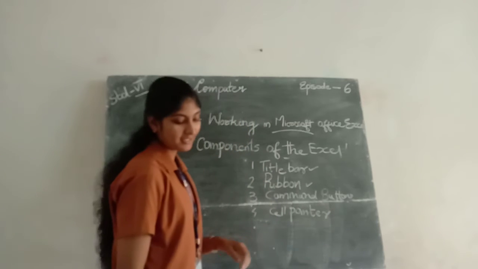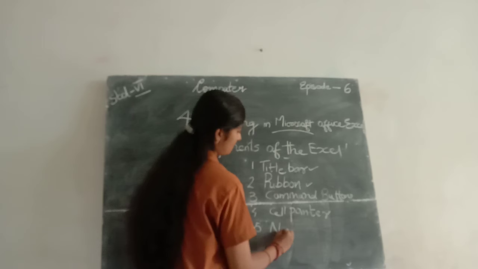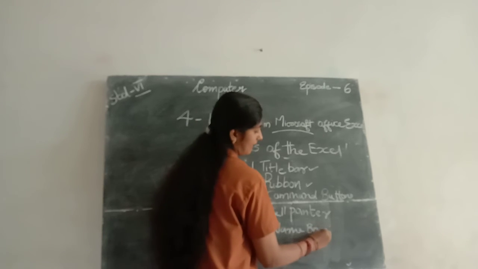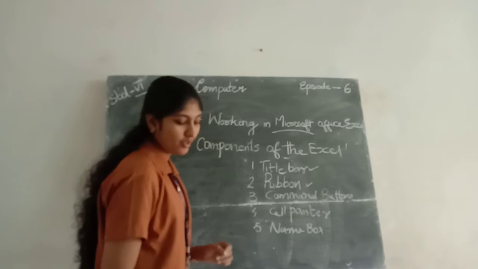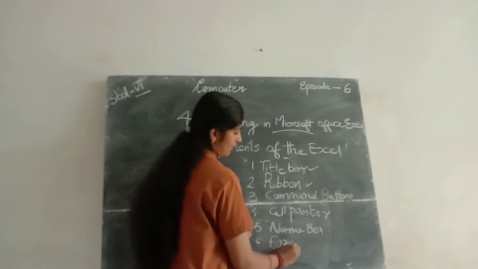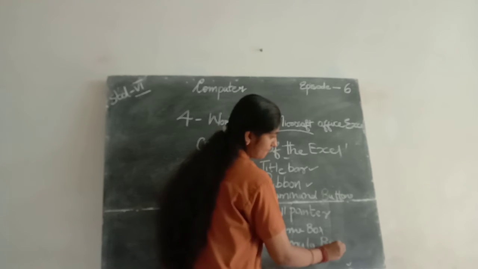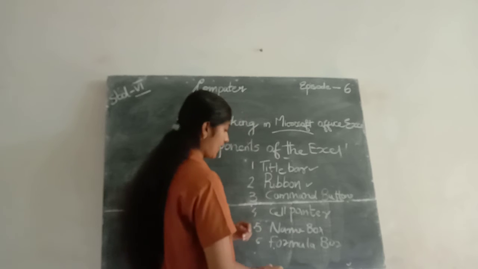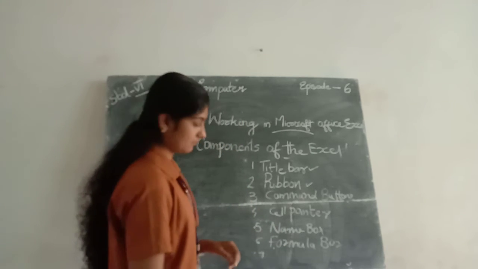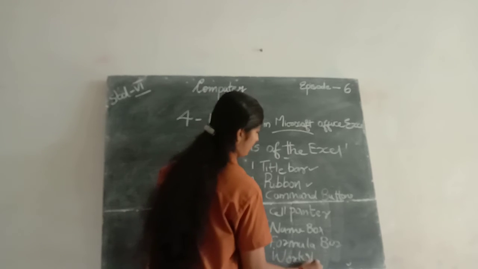Then fifth component, name box. Then sixth component, formula bar. And seventh component, worksheet tabs.